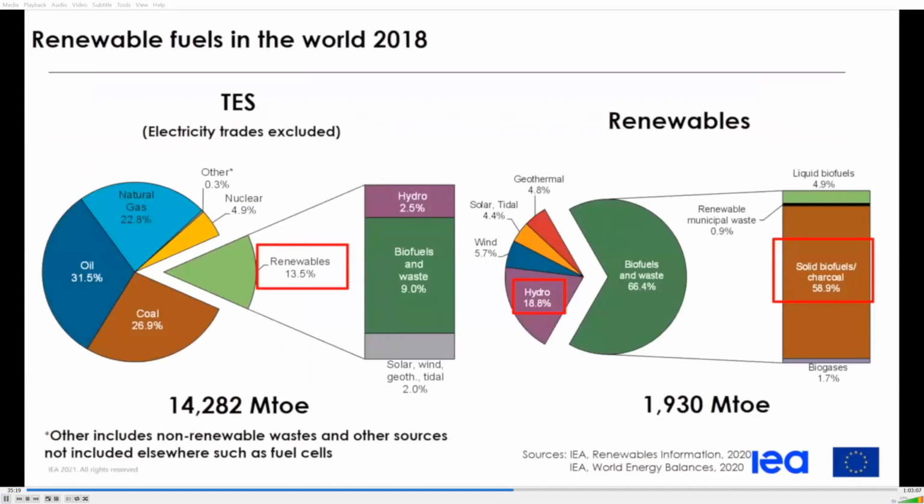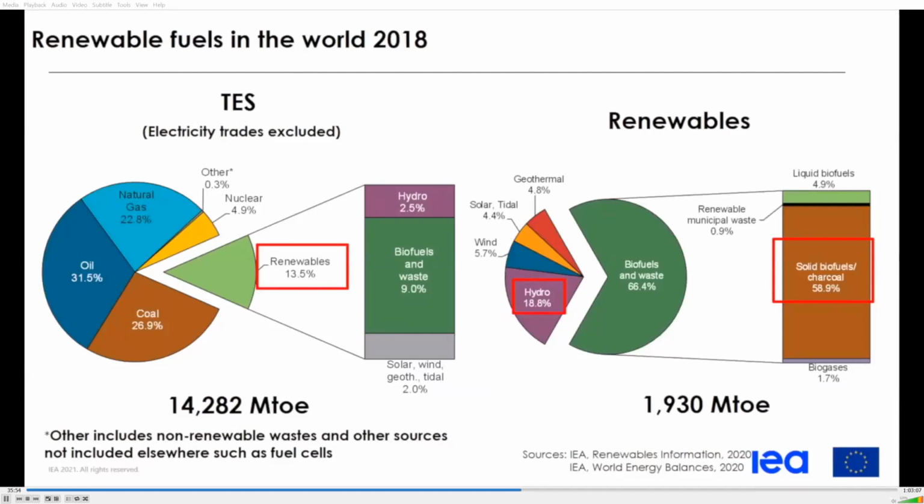When we say renewables, this includes hydroelectricity and solar, wind, geothermal energy, and also biofuel and waste, which represent a large part of those renewables present within the total energy supply. If we look in more detail, we can see that almost 2/3 of renewables in our statistics are made of those biofuel and waste, and more specifically of solid biofuel and charcoal.